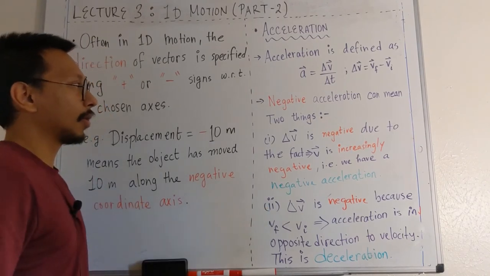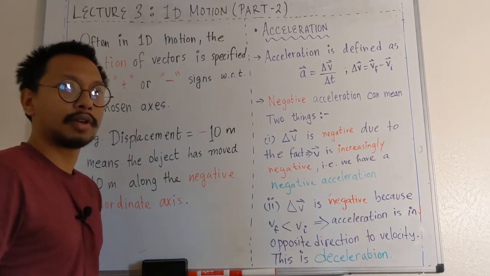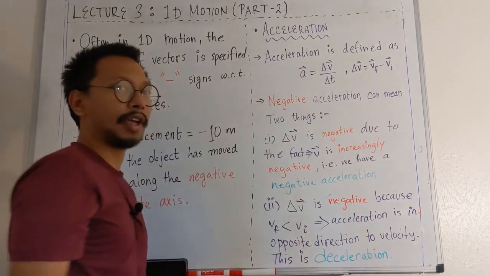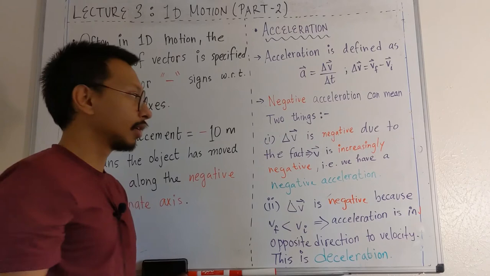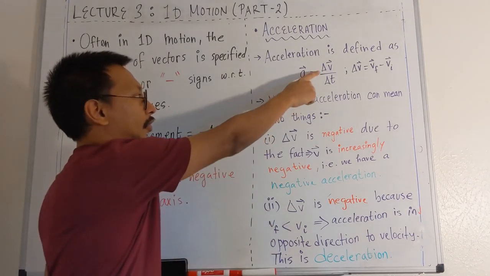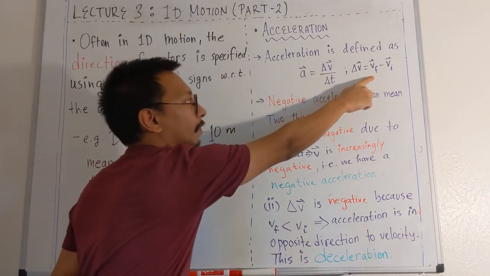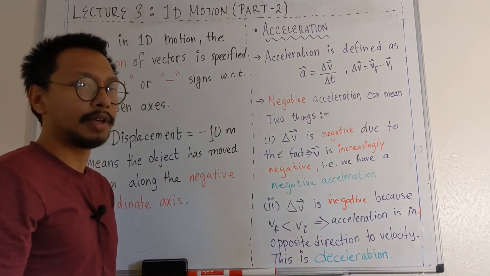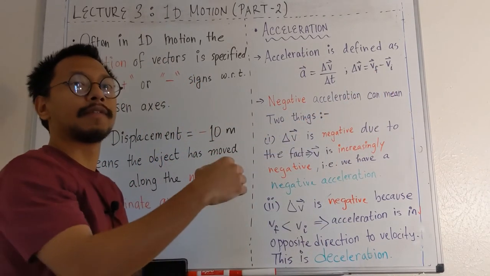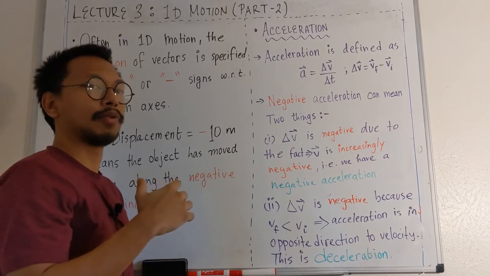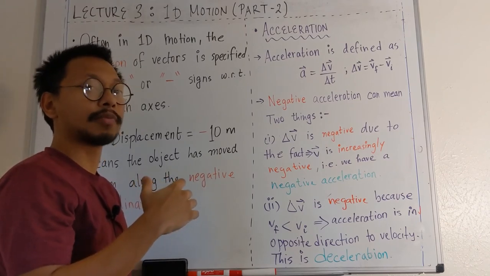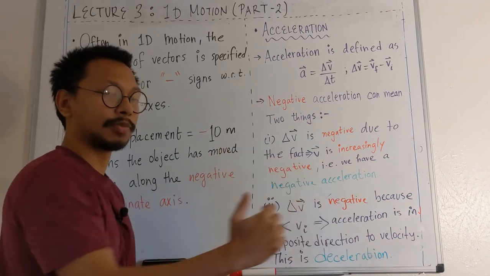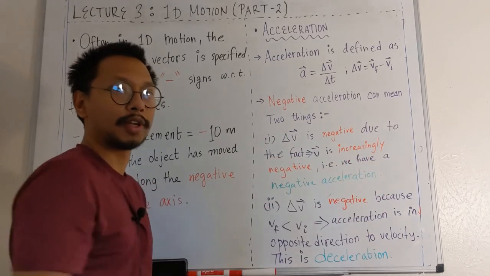Another thing about negative acceleration is that delta v is negative, but it is negative due to the fact that vf is smaller than vi. What does that mean? It means that velocity is approaching 0. So velocity is getting smaller as you go forward in time.